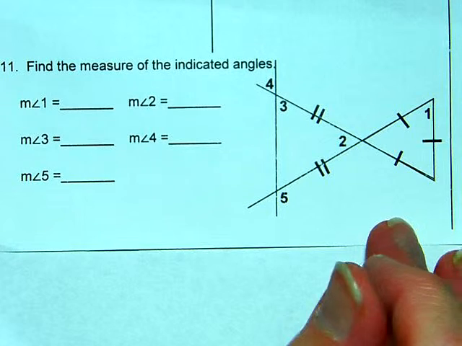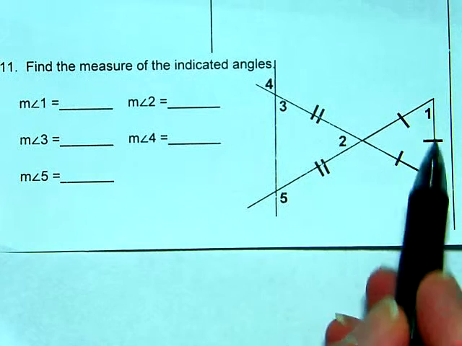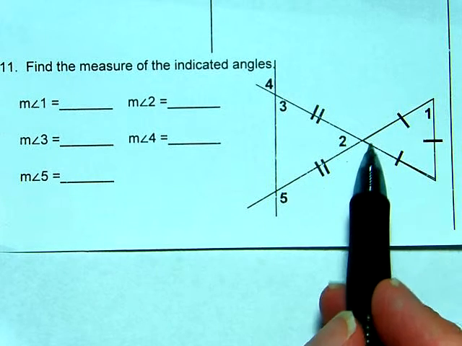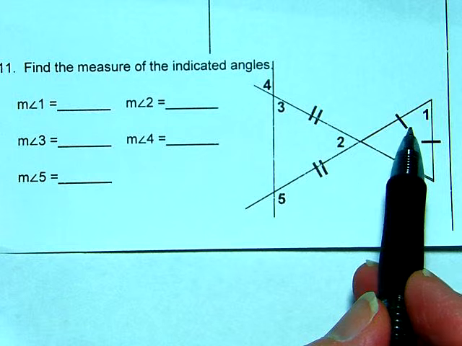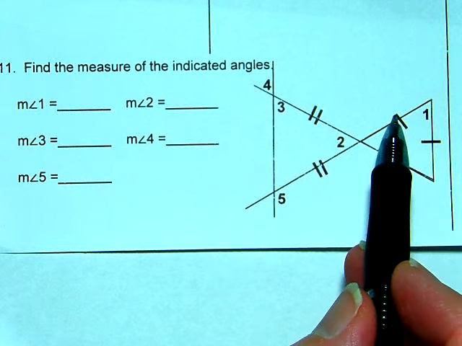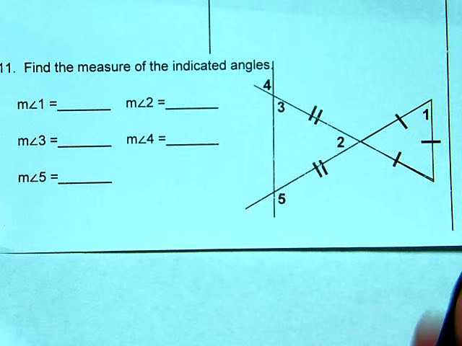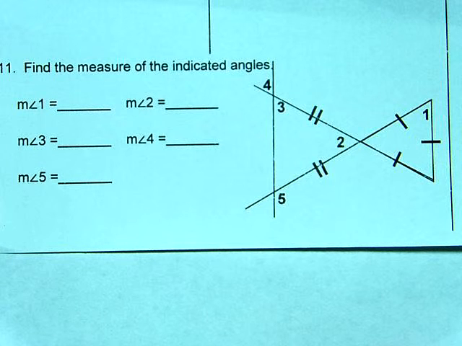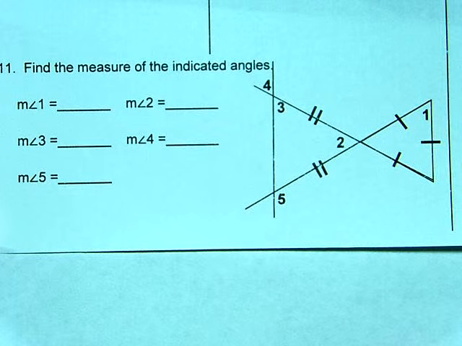But the key lies in this right triangle over here, the triangle on the right side. Its three sides are congruent, which means it is an equilateral triangle. And I hope you recall that we once discovered that an equilateral triangle has not only the three of its sides equal, but also all three of its angles are equal as well.